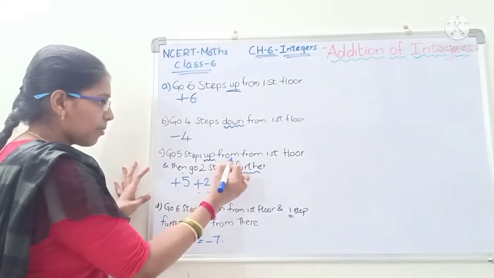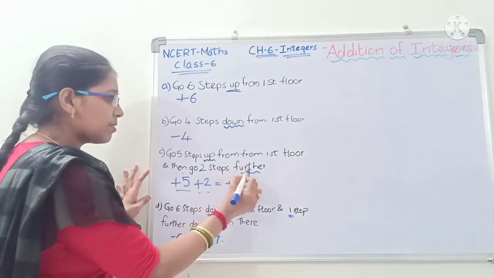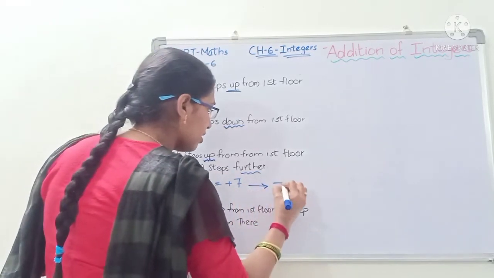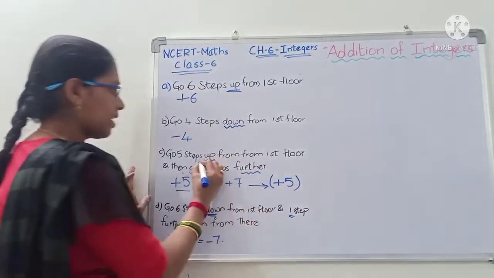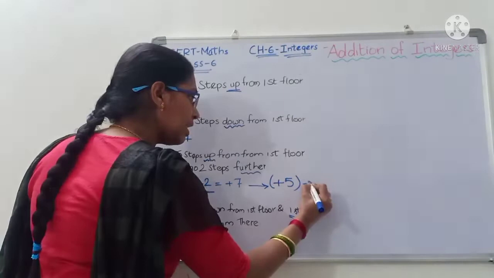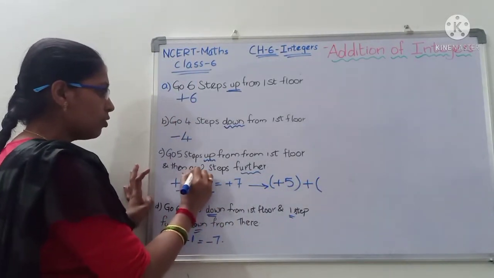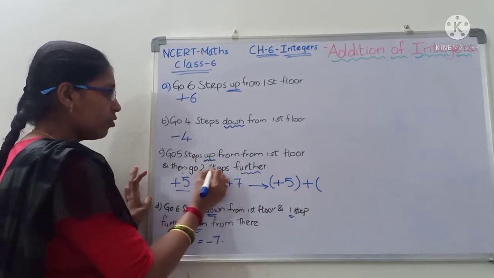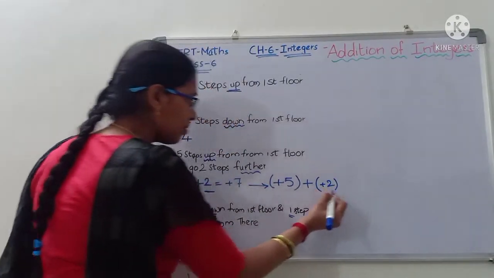Go 5 steps up from the first floor, plus 5. Then go 2 steps further, again plus 2. What happened here? First he went 5 steps up, plus 5. Again he went up, so we will add, right? That means again plus 2.